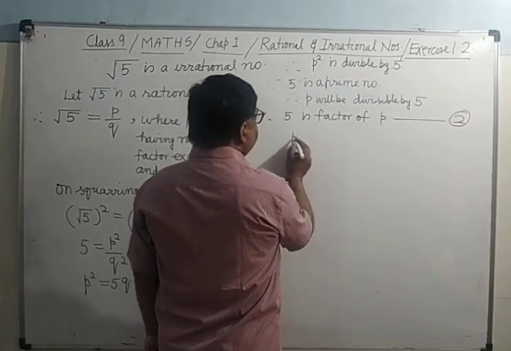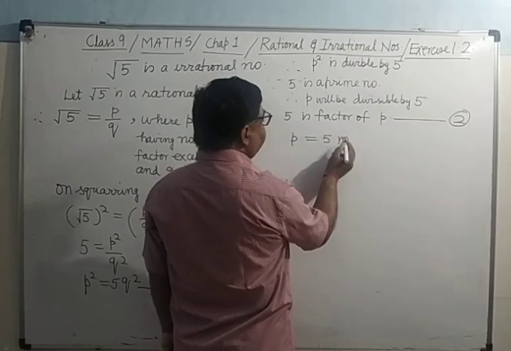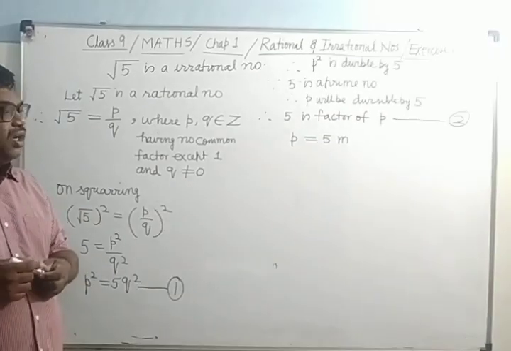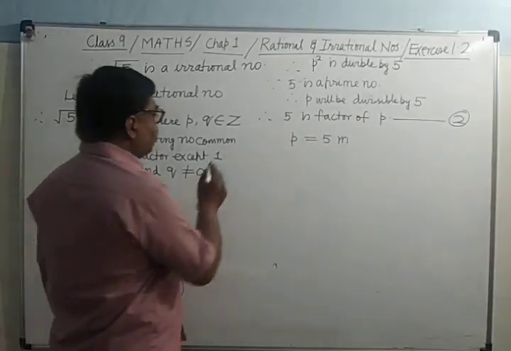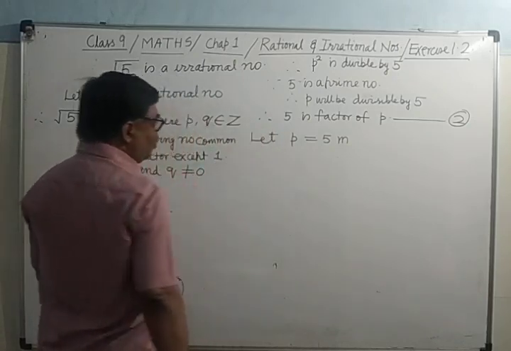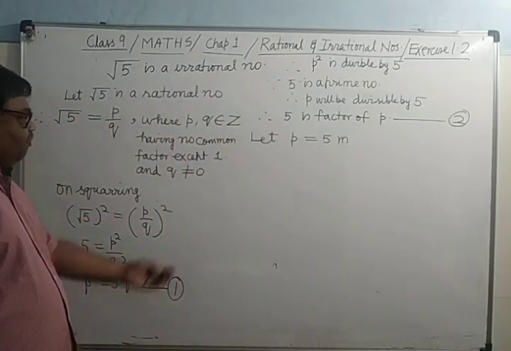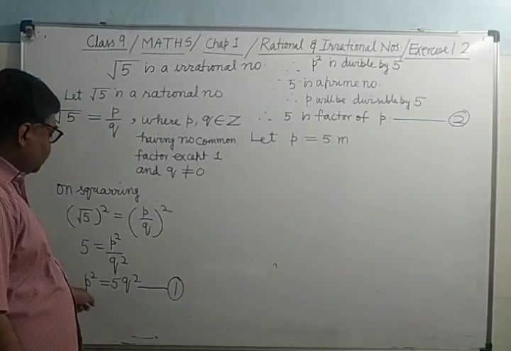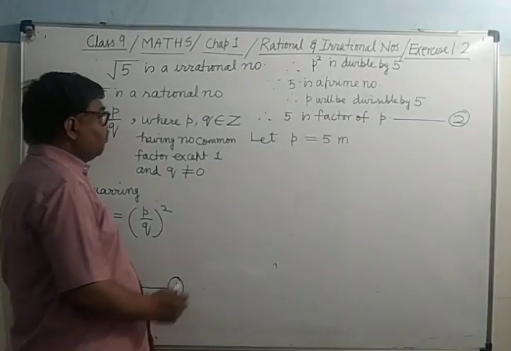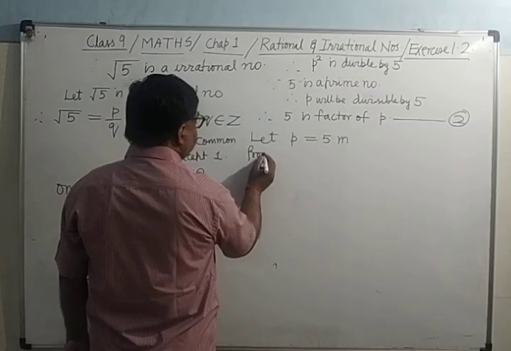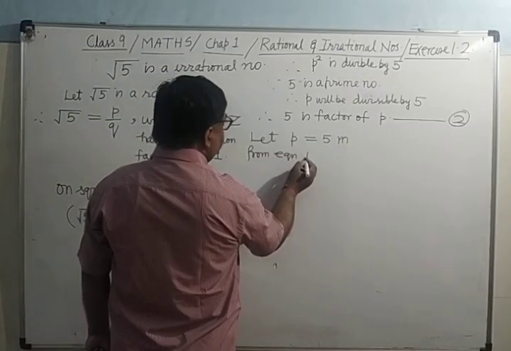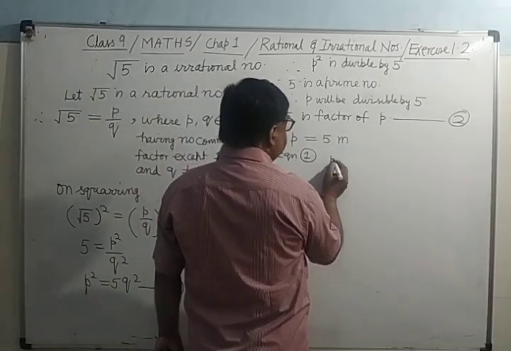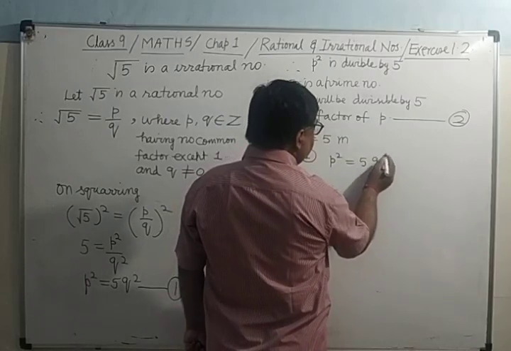Now we can write p equals 5 times m. Because 5 is a factor of p, p can be written as 5 into m. Let p equal 5 into m, where m will be some other number. Now from equation 1, p square equals 5 into q square.